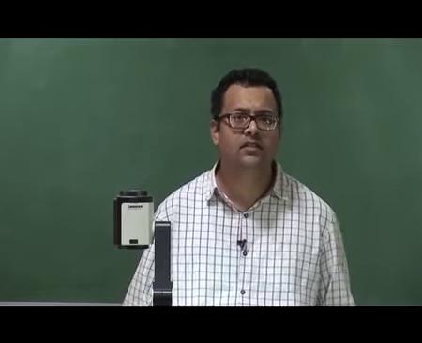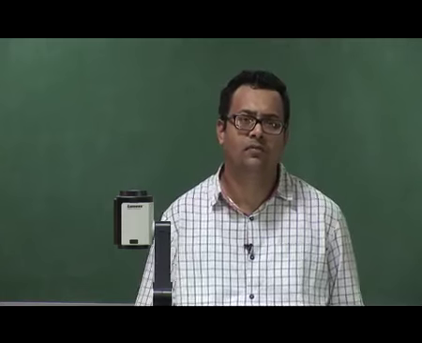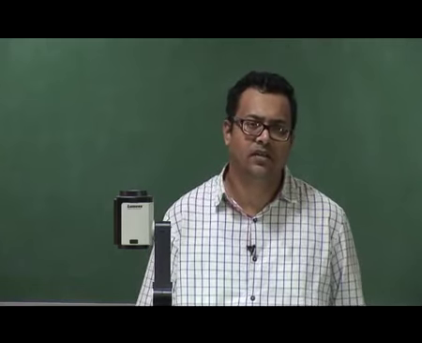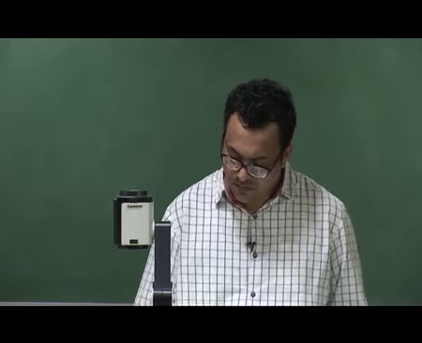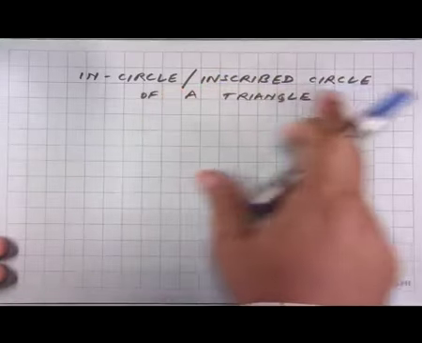So, in today's class we are going to continue our discussion on the circles associated with a triangle. The next type of circle that we are going to discuss is called the incircle or the inscribed circle.